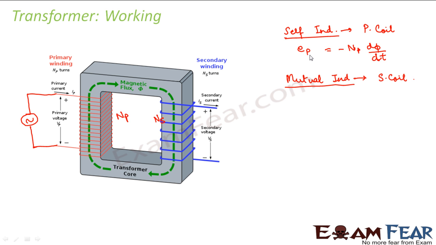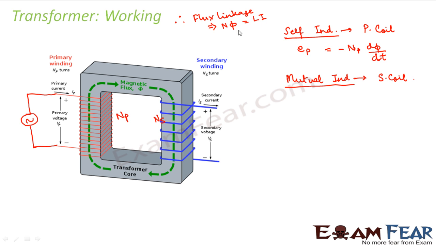So how do I write induced EMF is equal to minus d phi by dt? Remember your lesson on self-induction and mutual induction. We studied there that flux linkage with any coil is defined as total number of turns into the magnetic flux, which is equal to Li. Right? This is how we define.